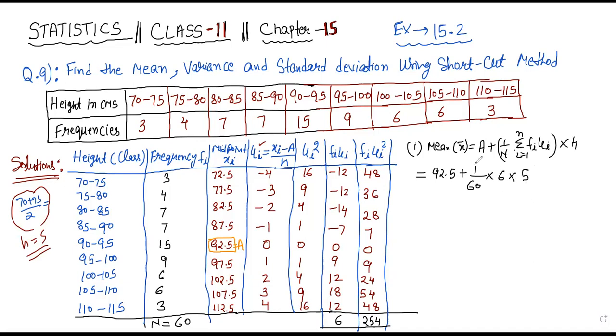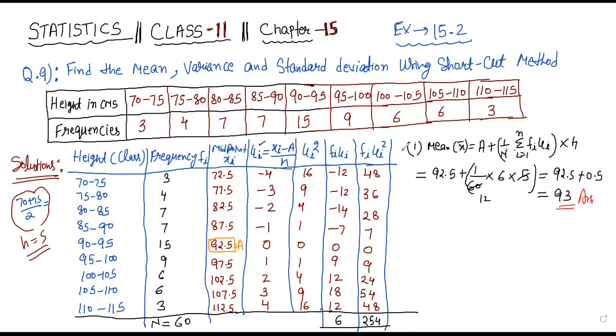Simplify: 92.5 plus 5 cancels out, 60 by 12 and 6 by 2, that is 0.5. So the final answer is 93. So 93 is your first answer.